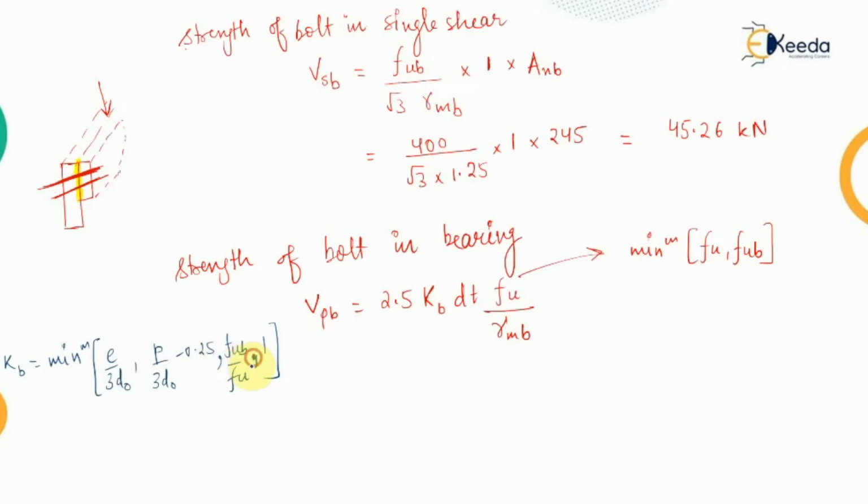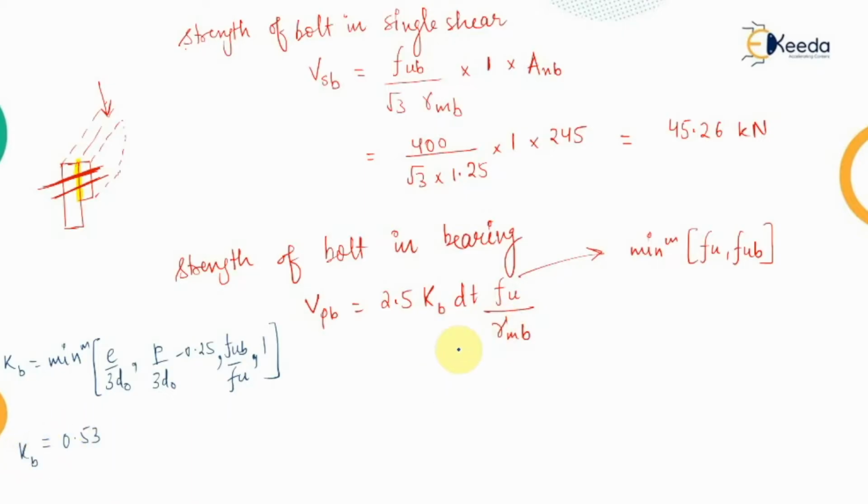The lesser value of all these 4 values will be taken as the KB value. Now if we place E as 35, D naught as 22, P as 60, FUB as 400 and FU as 410, we get the minimum KB value as 0.53.